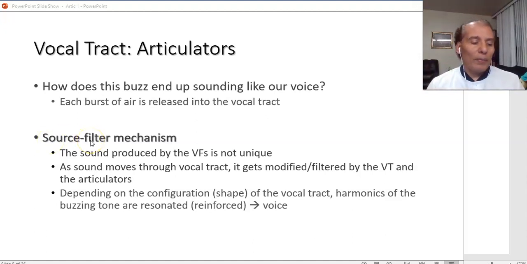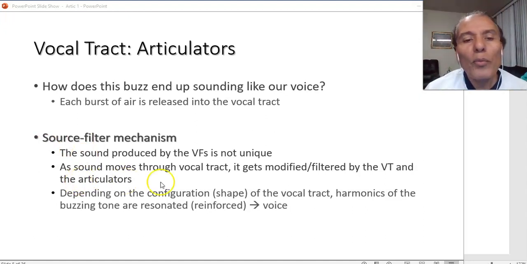When you do that, the sound travels along the vocal tract, and as it travels, it becomes filtered, modified, and the good elements of the waves remain to make the sound louder and clearer.